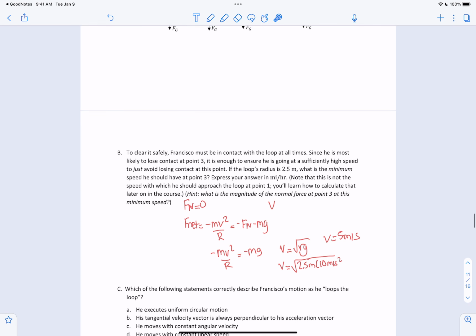Especially because velocity is speed with a direction. Since you're constantly changing direction, you're going to be changing your angular velocity. So changing direction would allow you to have a non-constant velocity, but maybe a constant speed if it was uniform circular motion.